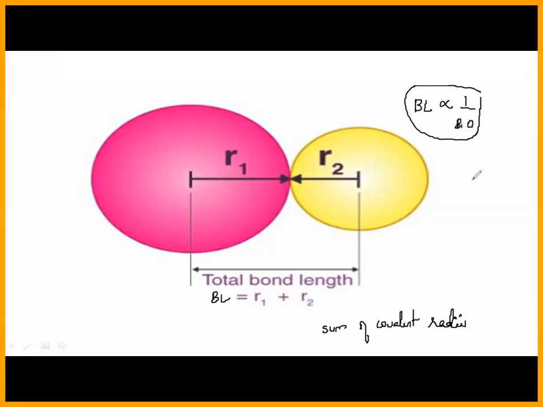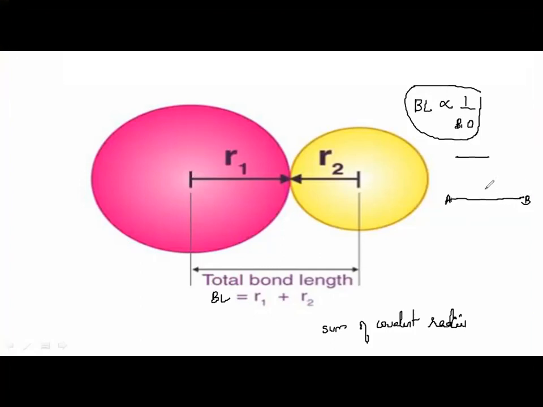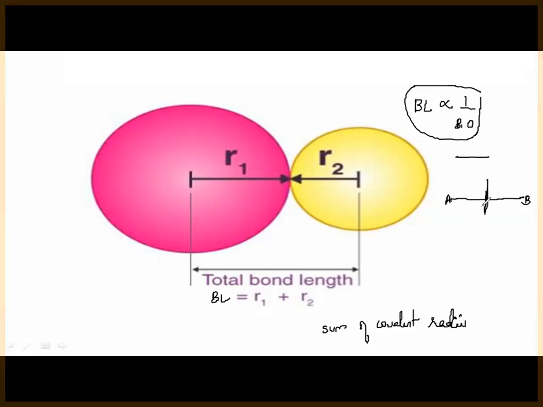See, this is the length of one bond, and this is the length of one more bond. As bond length increases, the internuclear distance increases. Internuclear distance increasing means nuclear attraction will be less. Therefore, I can break the bond very easily.